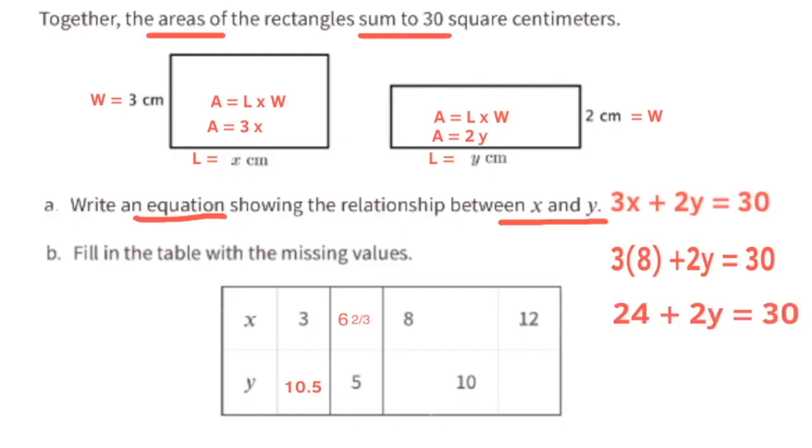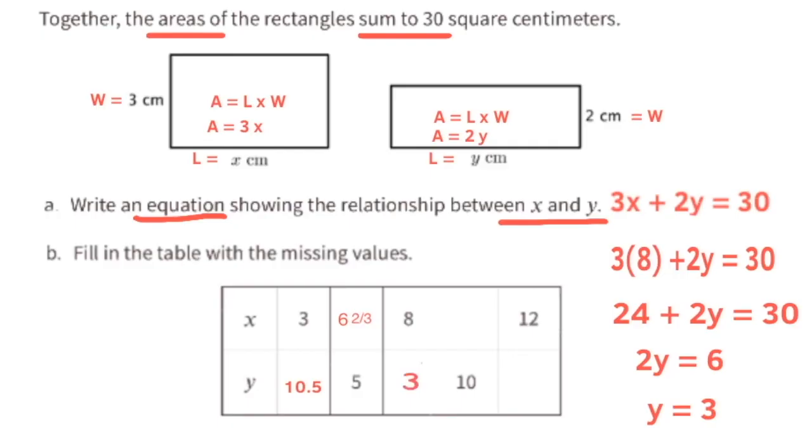Let's subtract 24 from both sides of the equal sign, and we're left with 2y equals 6. Since we're solving for y, we divide both sides by 2. 2y divided by 2 equals y, and 6 divided by 2 equals 3. When the value for x is 8, the value for y is 3.